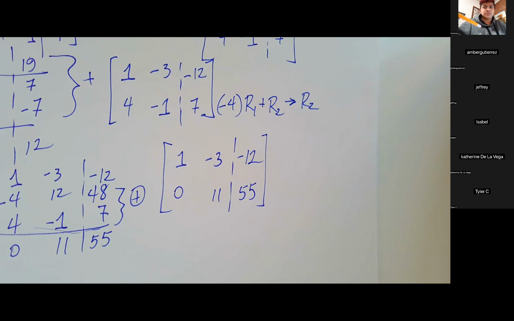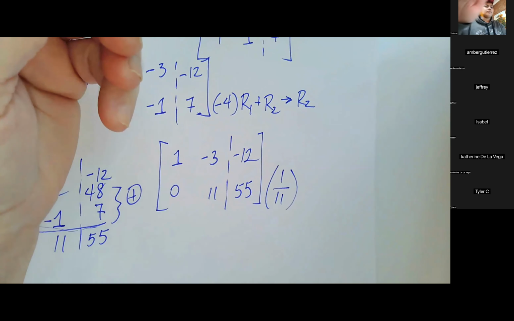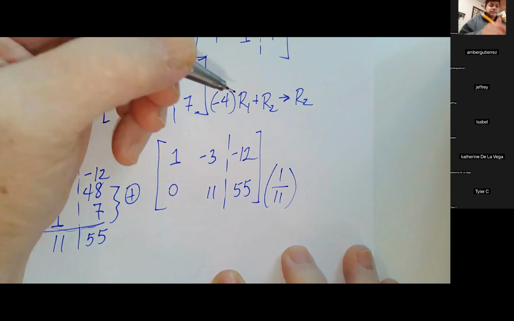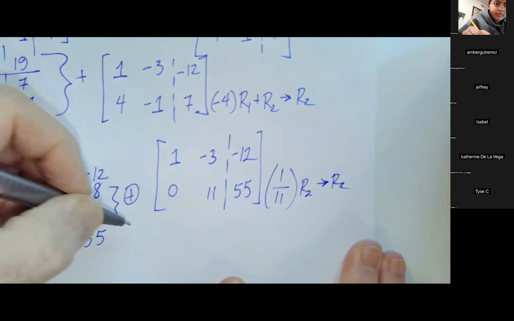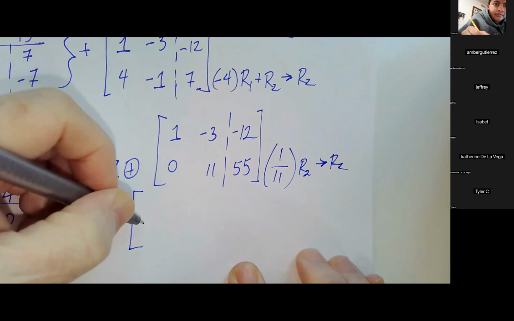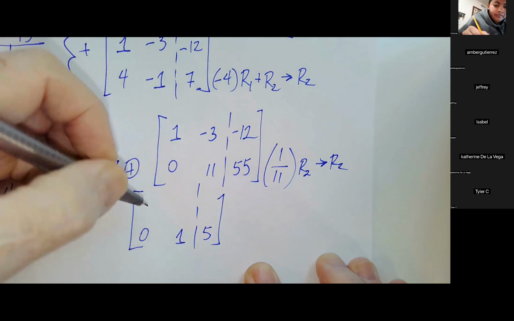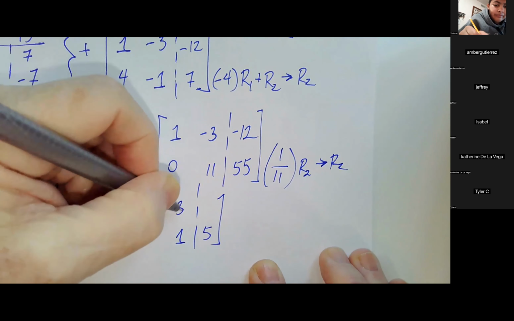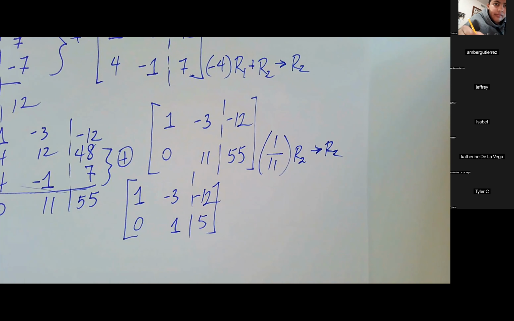We're going to multiply by 1 over 11. Very good. And that is the same result as if you divided by 11. So our new row 2 will be 0, 1, 5, and row 1 is 1, -3, -12. And we have one more step.